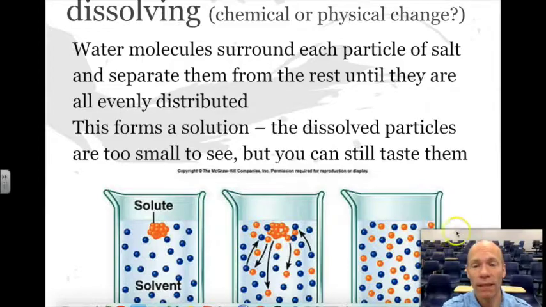This forms an evenly mixed solution. The dissolved particles are too small to see, but you can still taste them, and they still retain some of their original properties. That makes it a physical change.